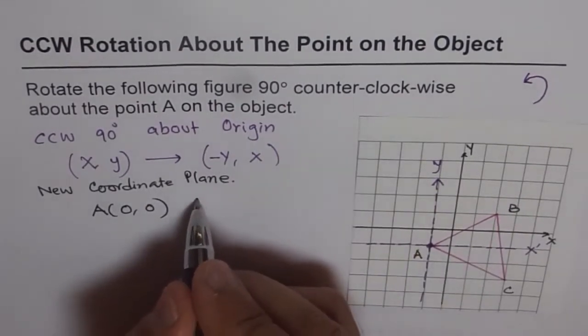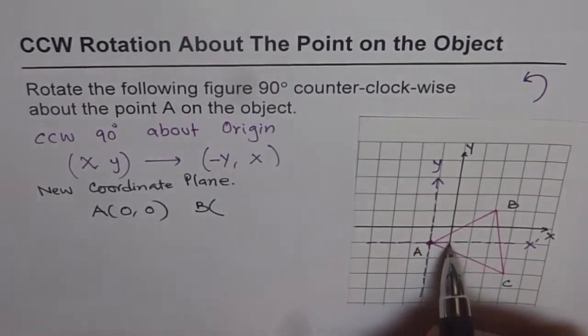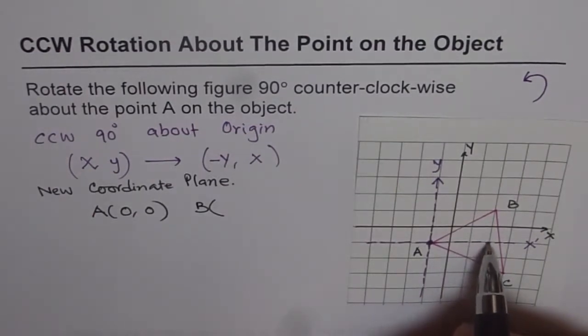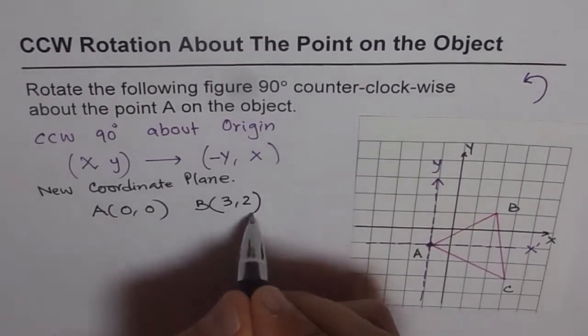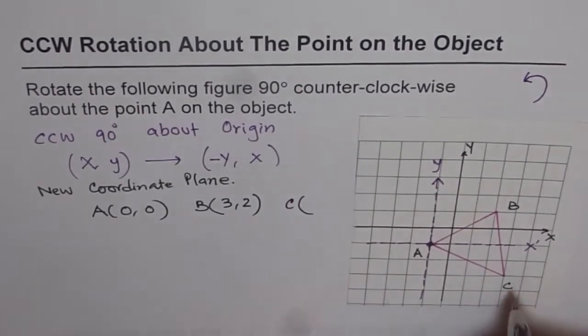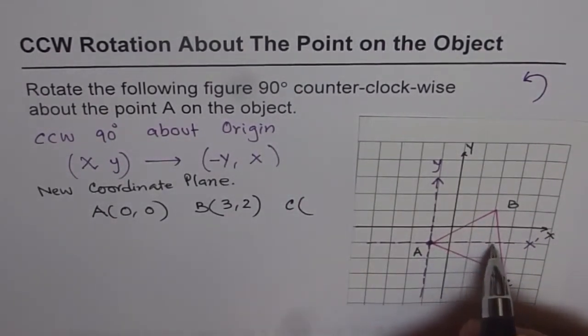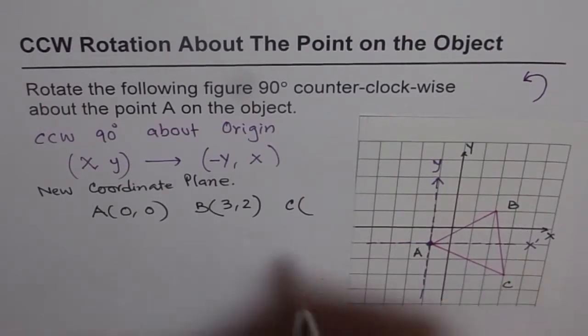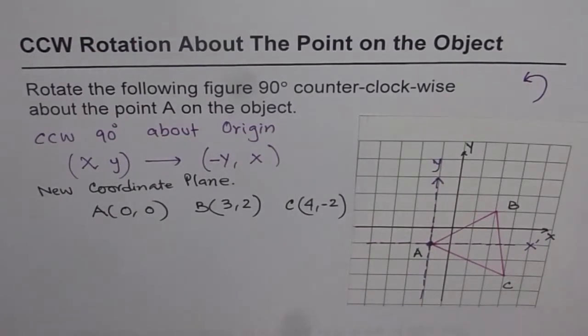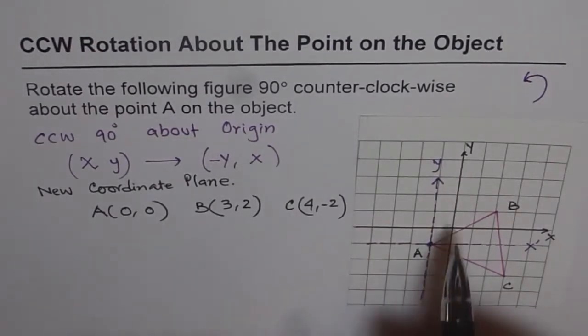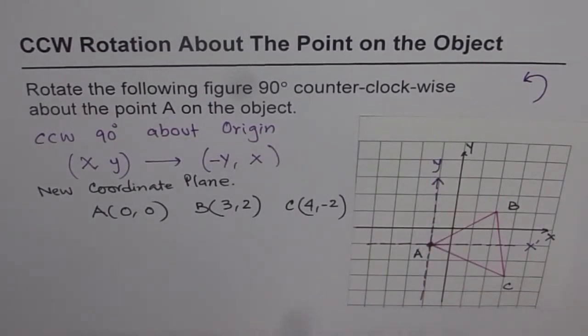For B, the points are 1, 2, 3, that means plus 3 and 2, so it is 3, 2. And for C, the points are 1, 2, 3, 4, and 2 down. So 4, minus 2. So these points are with respect to the new coordinate plane. You should appreciate that part.